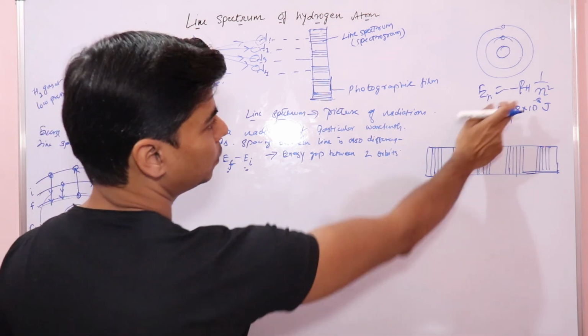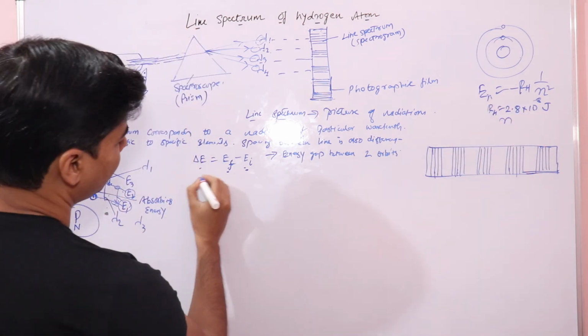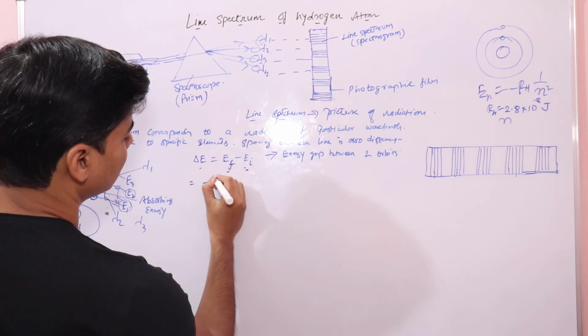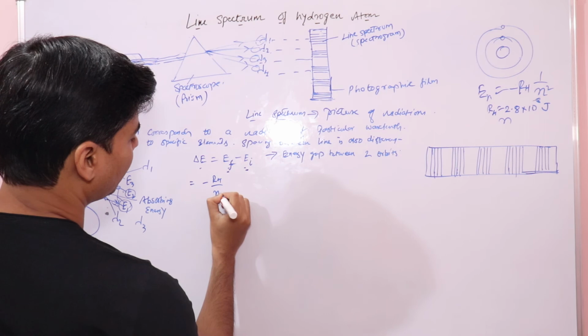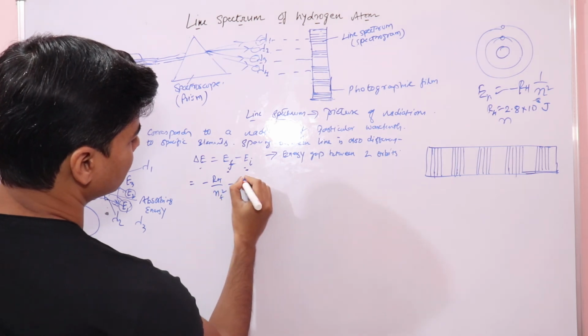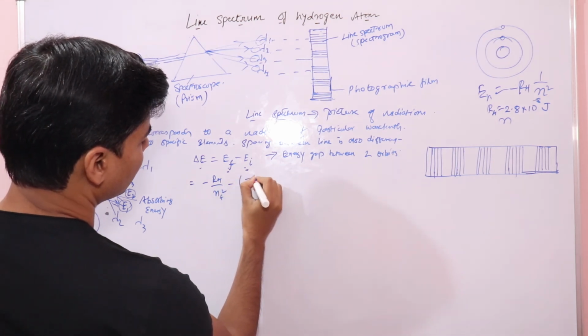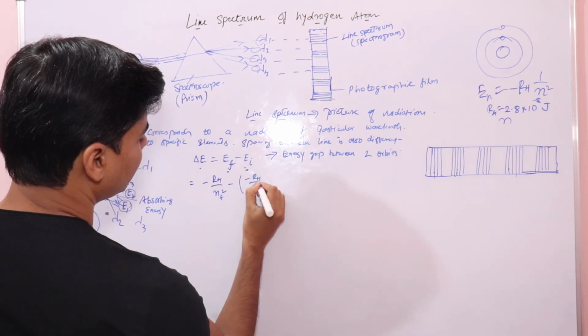And if I put this value over here, it would be minus R_H upon n_f square minus R_H upon n_i square.